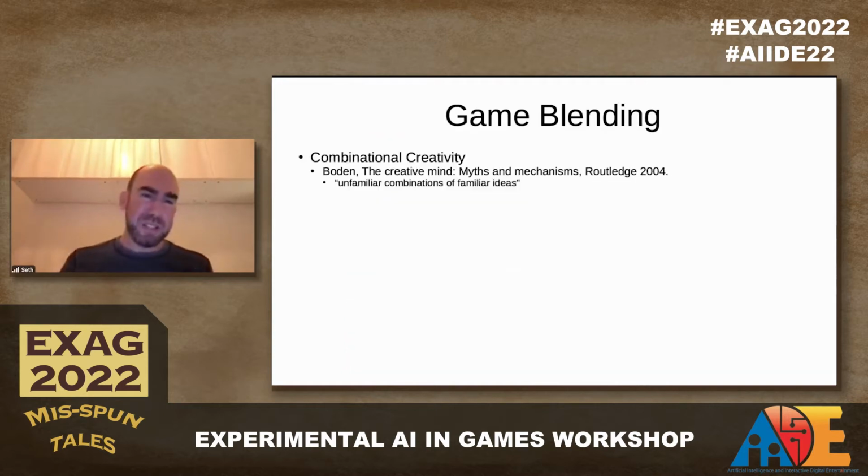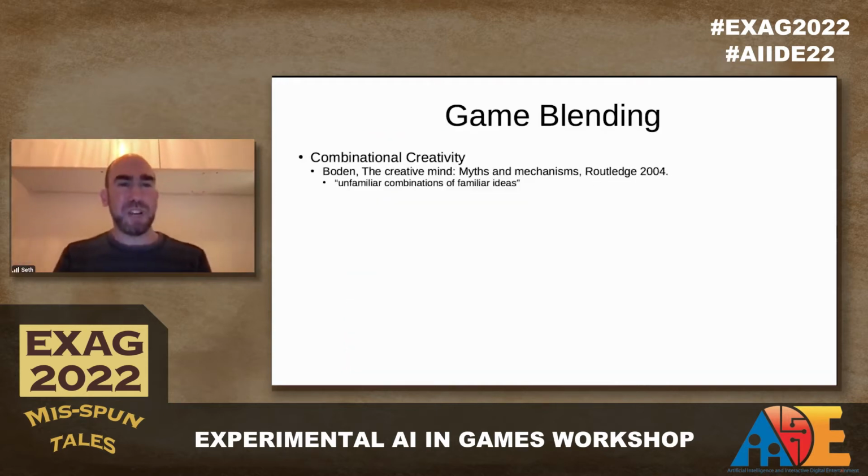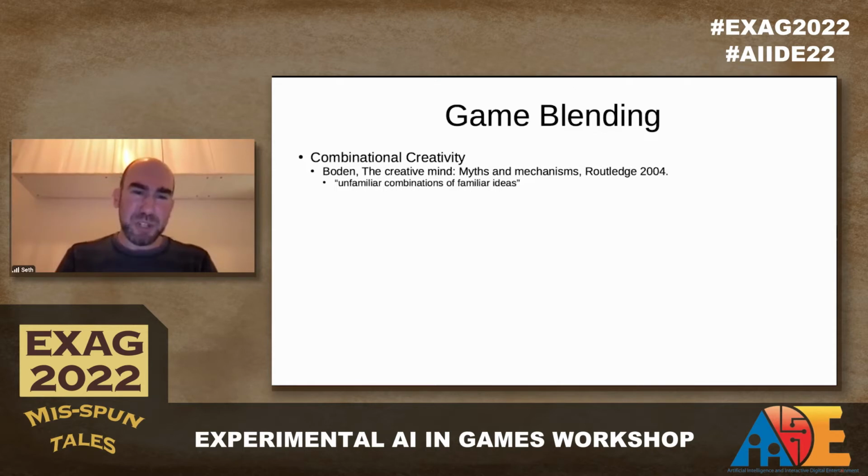And so this can be thought of as a form of combinational creativity, which Boden discusses as unfamiliar combinations of familiar ideas. So this is the idea of combining things that are different and getting something new and interesting and maybe creative out of it.